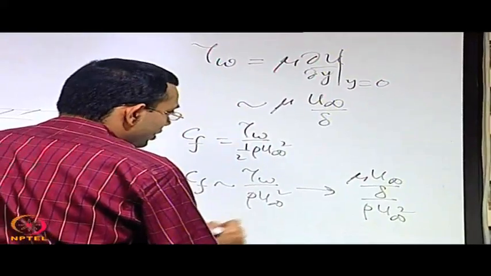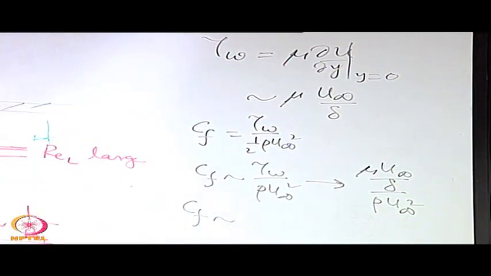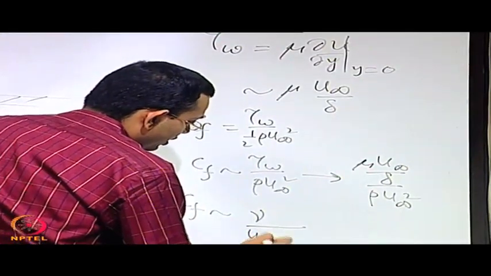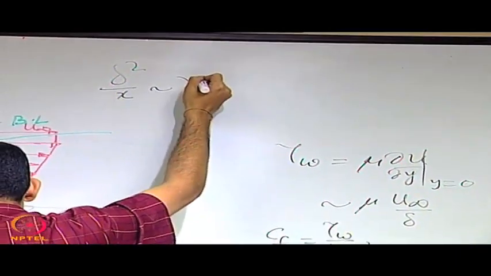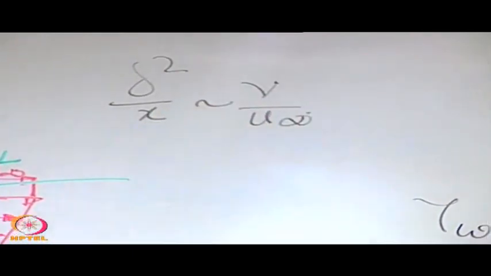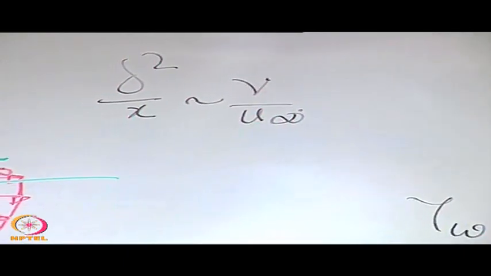So for Cf, the order is mu by rho, which is nu, the kinematic viscosity. The kinematic viscosity is what is governing the picture, so you can see nu by u infinity delta. Now you know how delta varies with x. So delta square by some local x will be nu by u infinity, from this one, just replacing L with local x.